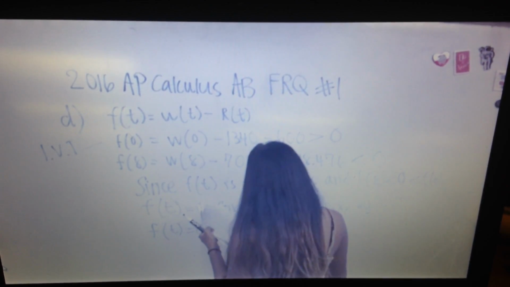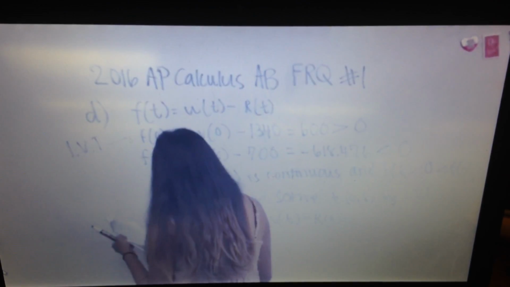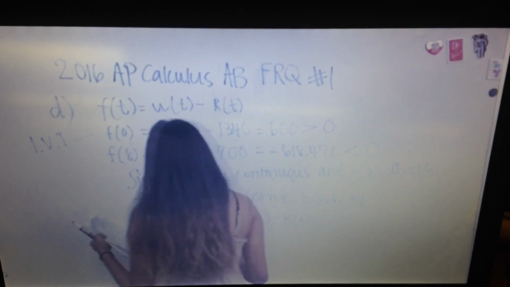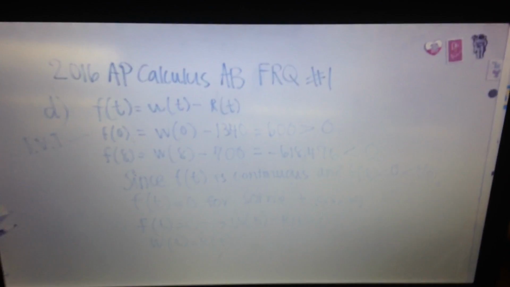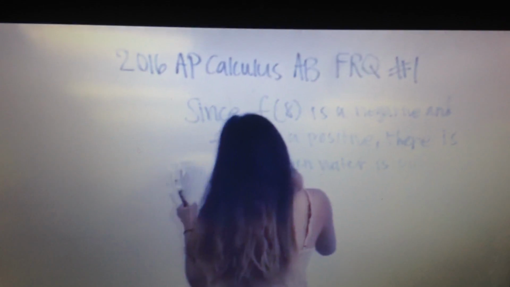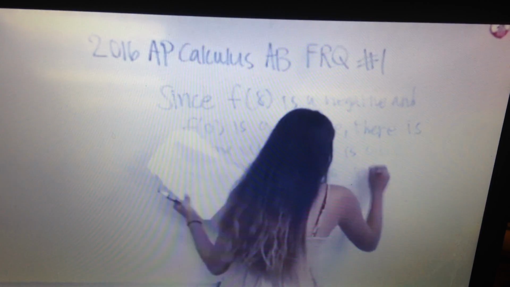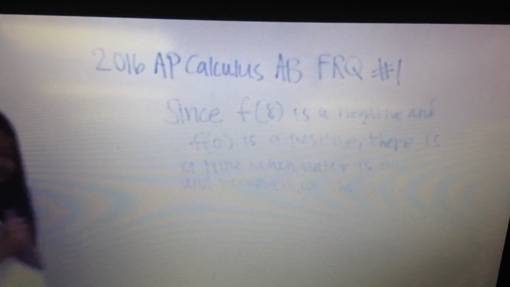If f of t equals 0, then W of t minus r of t must equal 0. Then that must mean that W of t equals r of t. So your explanation for this will be, since f of 8 is negative and f of 0 is positive, there is a time when the rate at which water is being pumped in equals the rate it is removed.